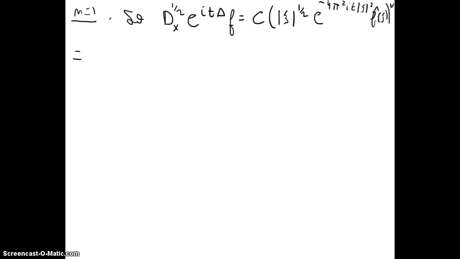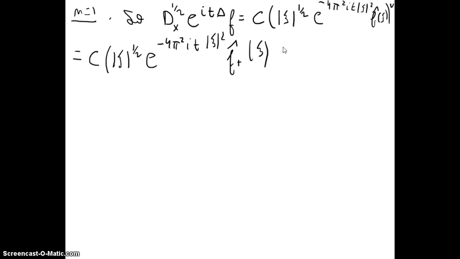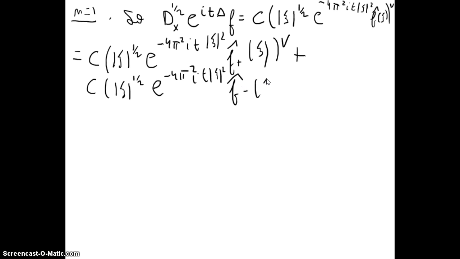This will be equal to c times the anti-transform of |ξ|^{1/2} e^{-4π² i t ξ²} and now we will divide f into f plus hat of ξ, plus a constant times the same part, e^{-4π² i t ξ²}, but now with f minus.